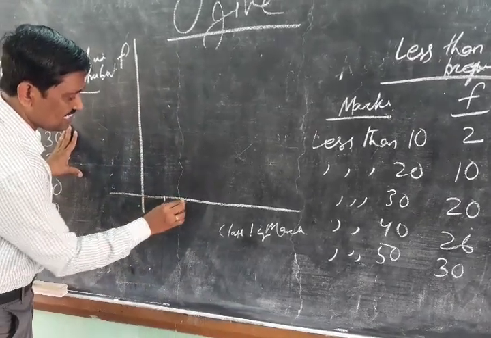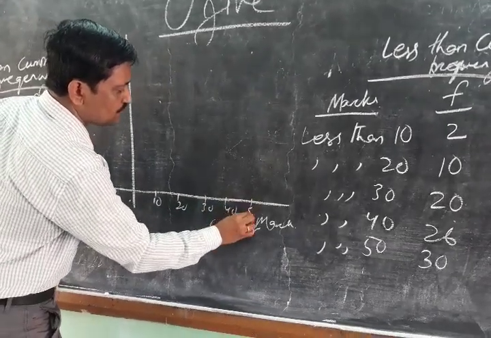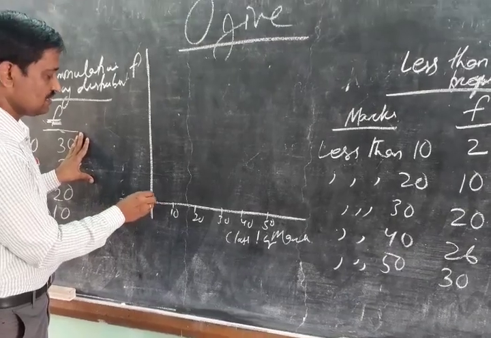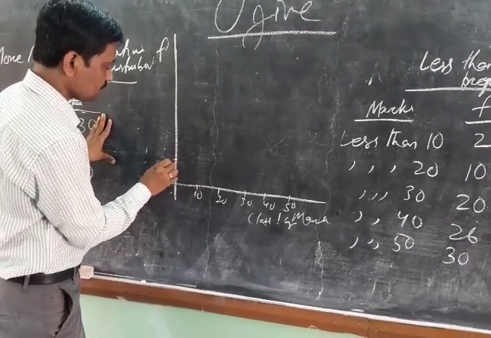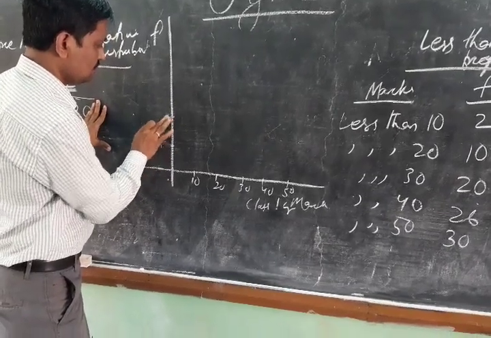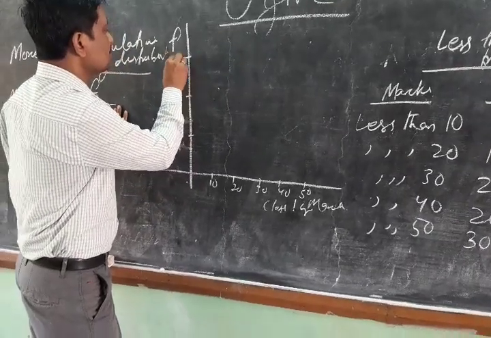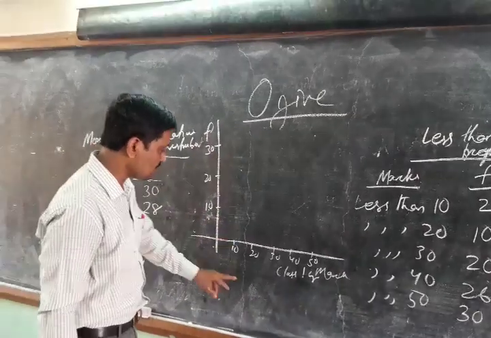This will be 10, 20, 30, 40, 50, and the highest frequency is 30. So on this side, let's say this is 10, this is 20, this is 30. Likewise, you also have to mention the scales.